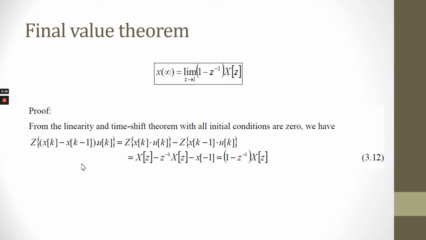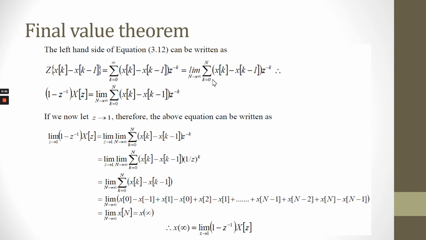This is based on the linearity and time shifting theorem with initial condition equal to 0. So for initial condition equal to 0, when we simplify, we have 1 minus z to the power of negative 1 times X(z), as stated in this equation.